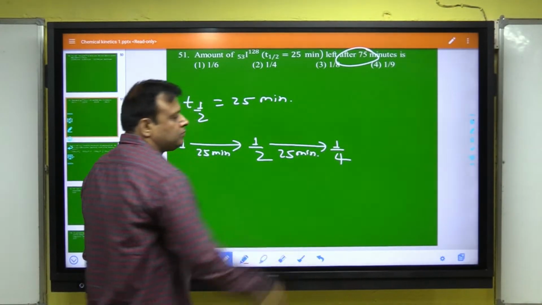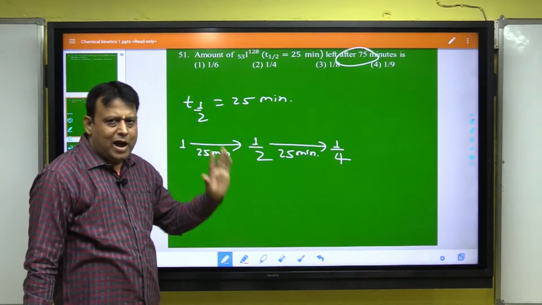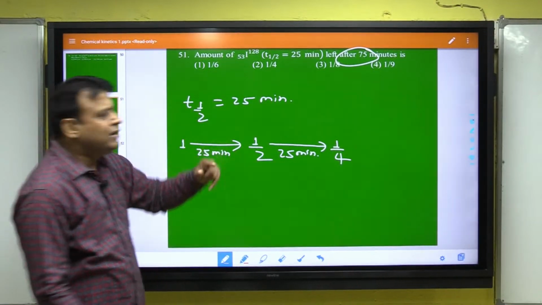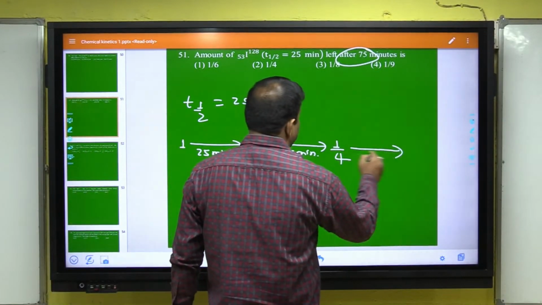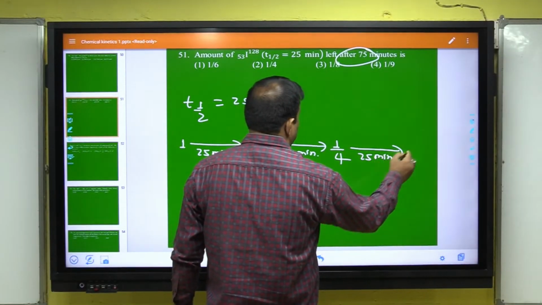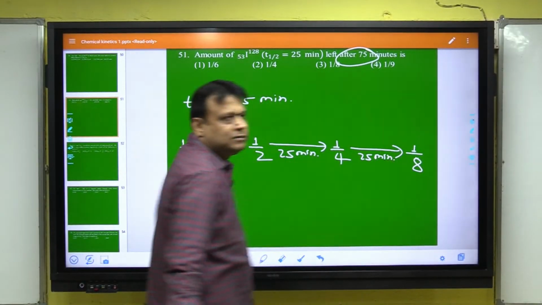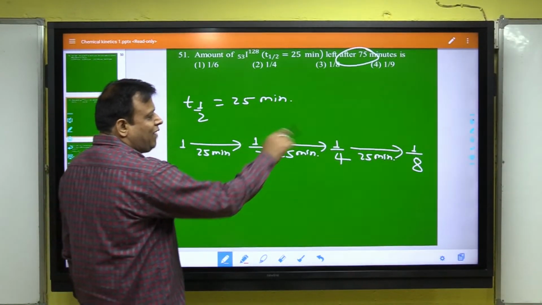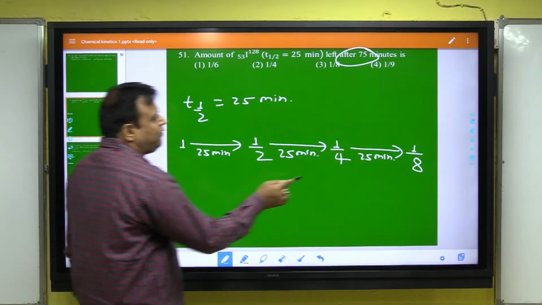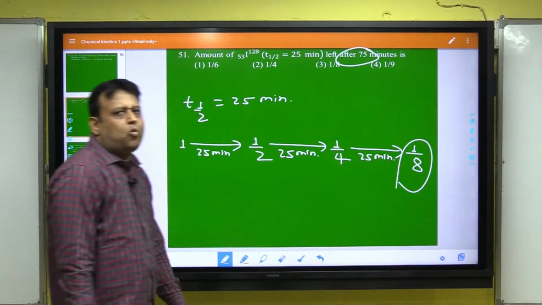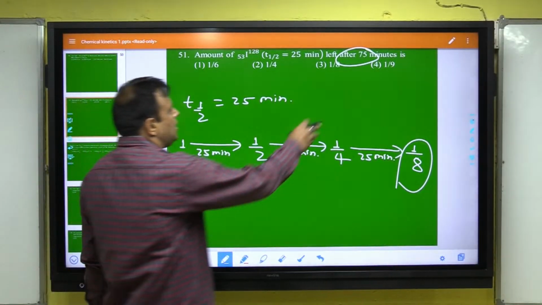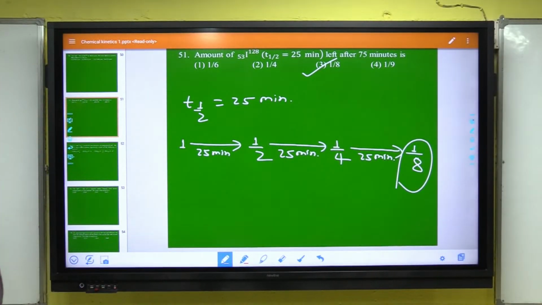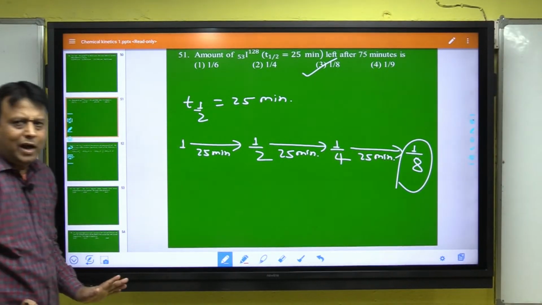Yes or no? So after 50 minutes, it will be 1 by 4. But the question is after 75, so in the next 25 minutes it will be 1 by 8. Hence after 75 minutes, 1 by 8 is left, and answer number 3 is correct. Clear? Very simple.